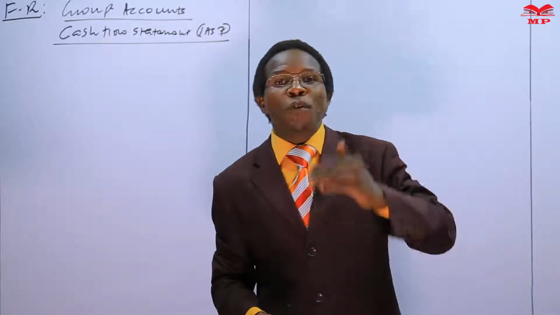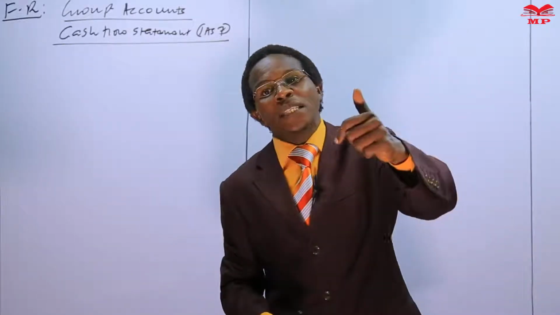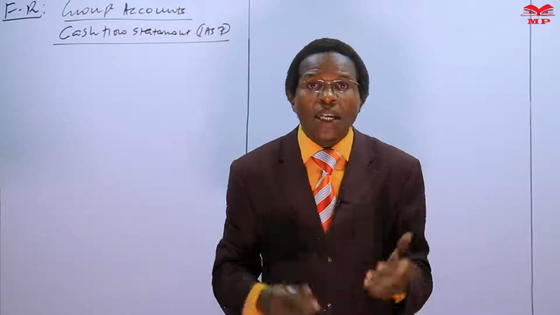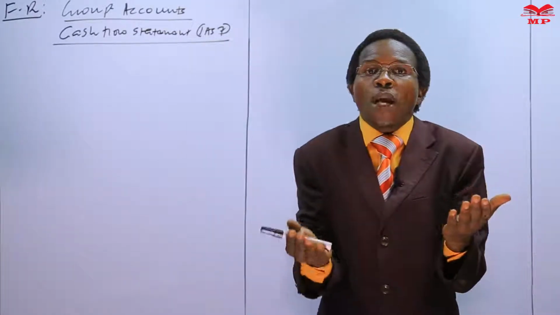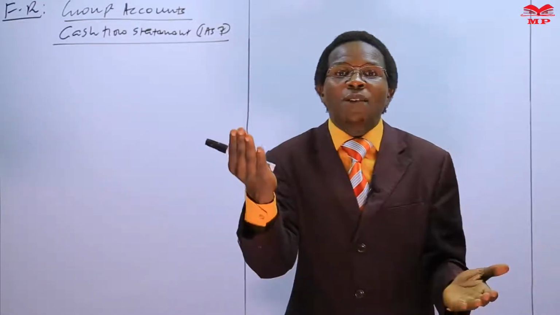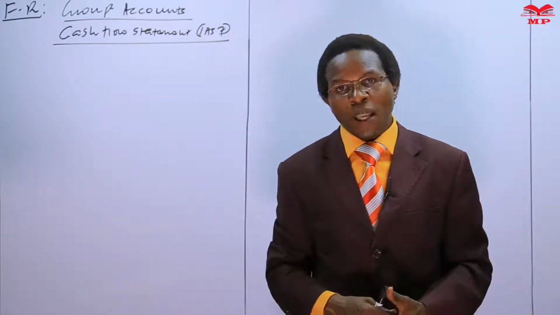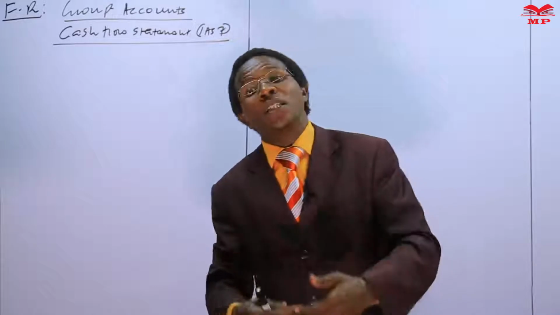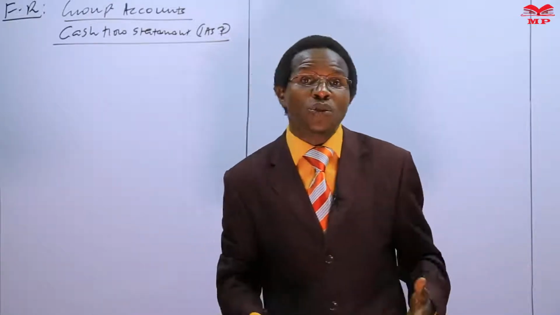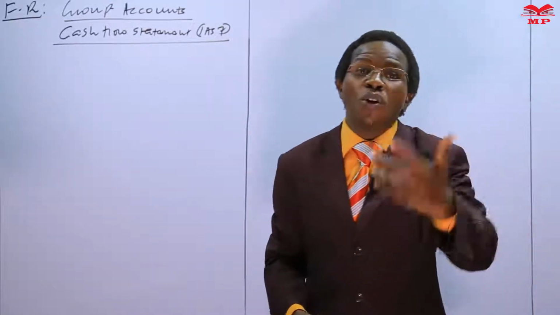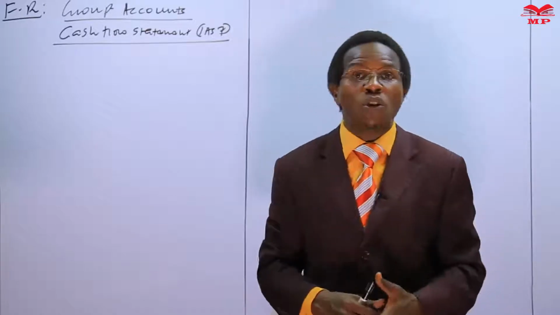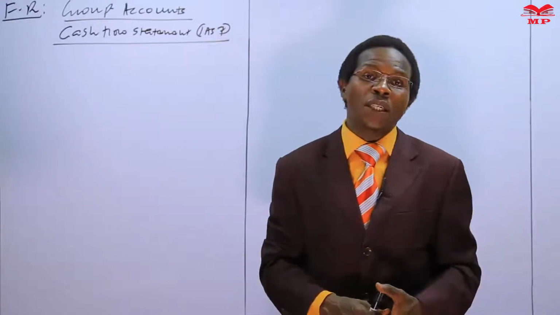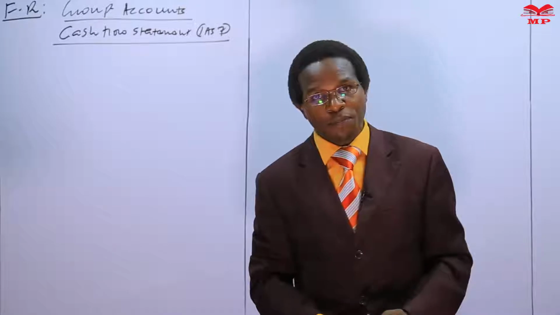Paragraph 18 gives the provision that we can use either the direct method or indirect method. The indirect method is more acceptable. However, the direct method is mostly used for presentation, especially to shareholders who have little knowledge of the technicalities of accounting.